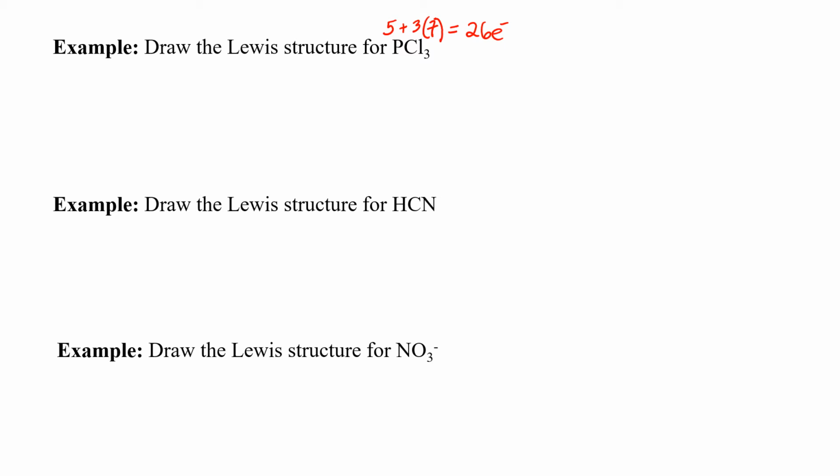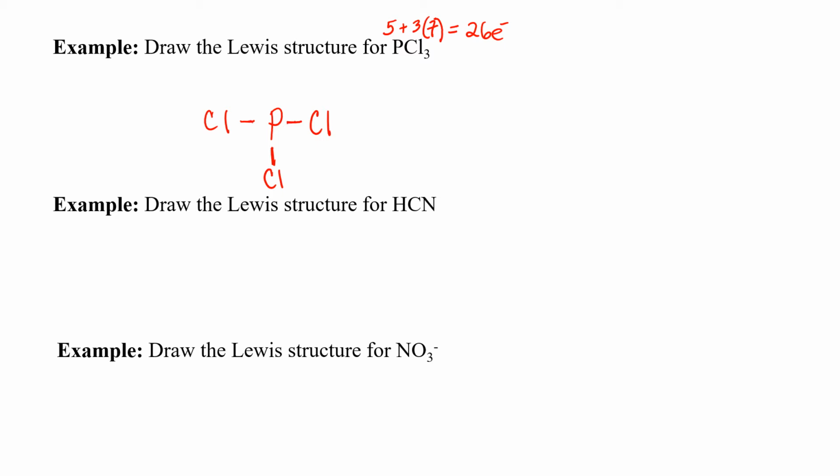All right, step 2, we're going to choose a central atom. Phosphorus is the least electronegative, and we're going to arrange everything else around it with a single bond. Step 3, we're going to distribute the remaining electrons to the exterior atoms. Well, I've used 2, 4, 6.